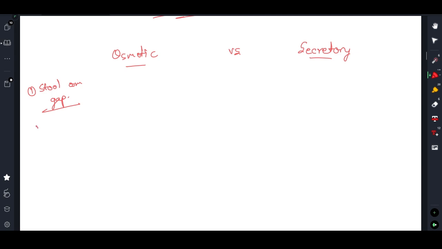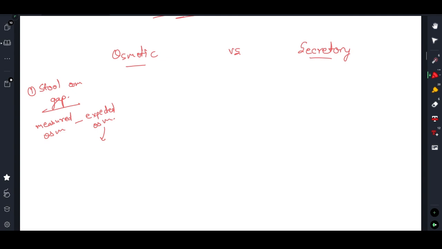It is the measured osmolality of stool. It is measured using an osmometer, minus the expected osmolality, right? So normally the value of this measured osmolality is 100 milliosmoles per kg. And how do you calculate the expected osmolality?